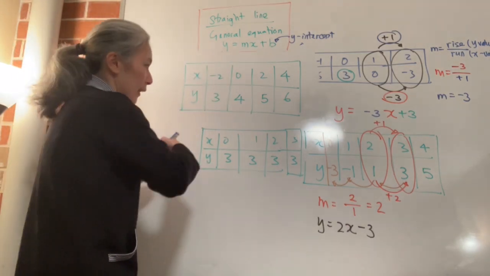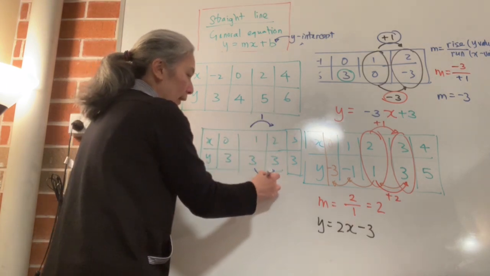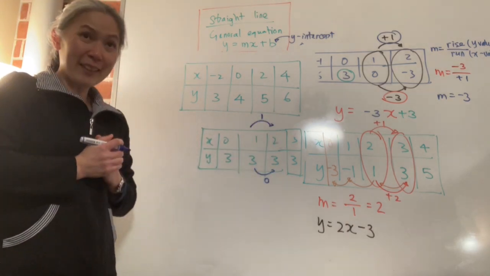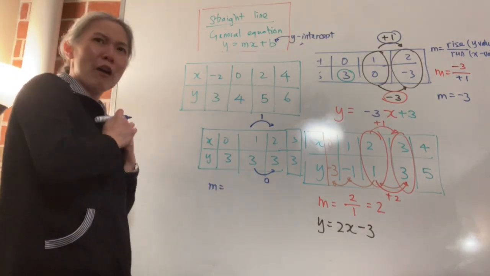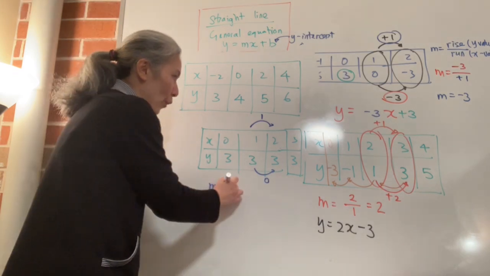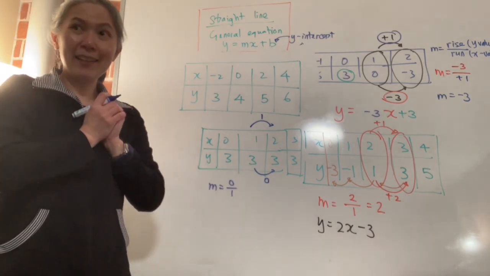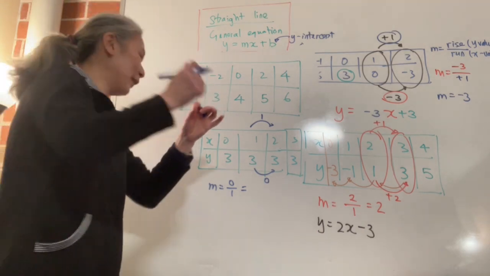What is it? Go up by 1, go across by 0. Is that right? So how am I going to write the m? 0 over 1. 0 divided by 1 is 0.